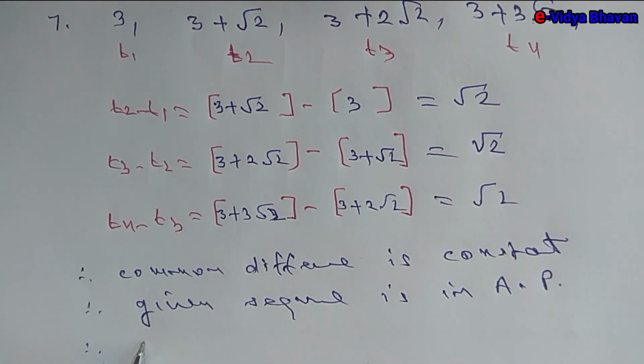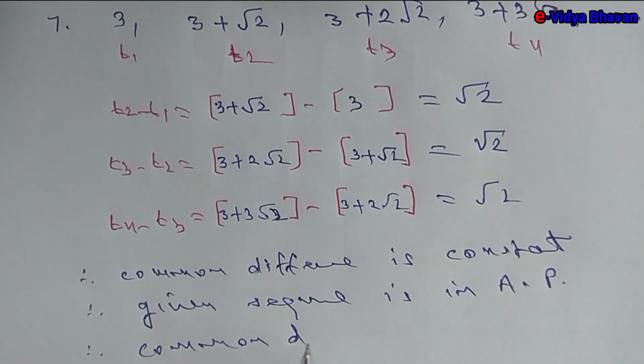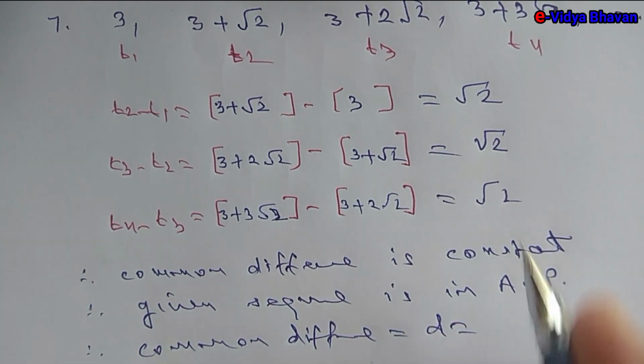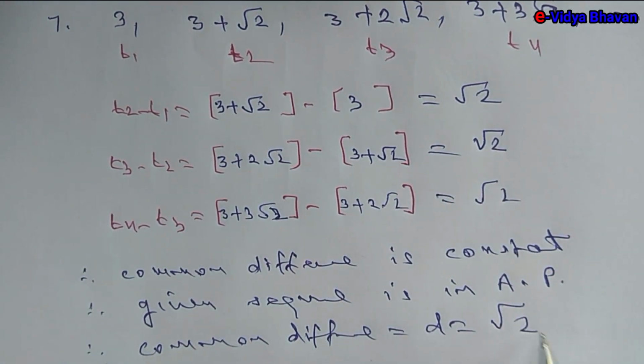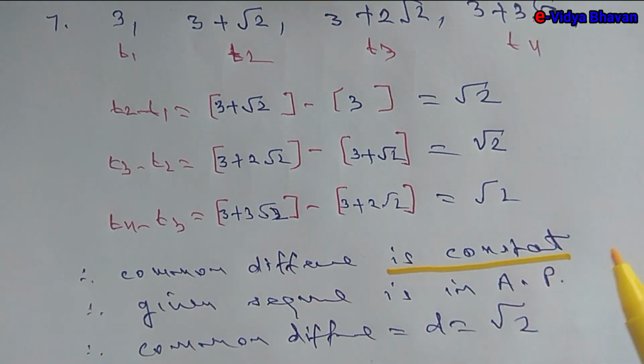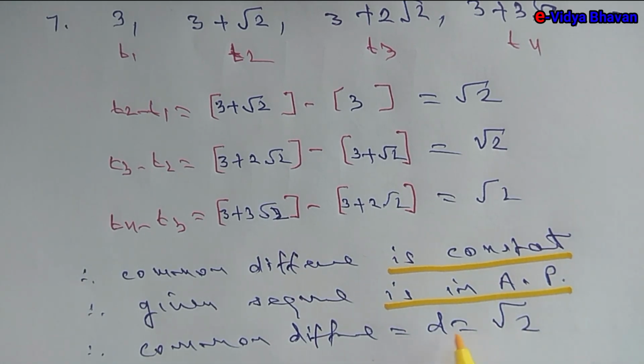Therefore, what is the common difference? Common difference is equal to small d, and this root 2 is the common difference. So again I repeat: the common difference is coming same, so we call it constant. Therefore it is in AP, and the common difference value is d equal to root 2.